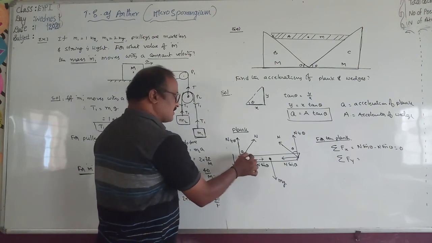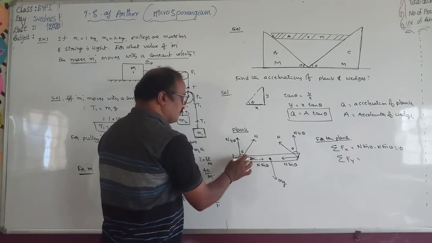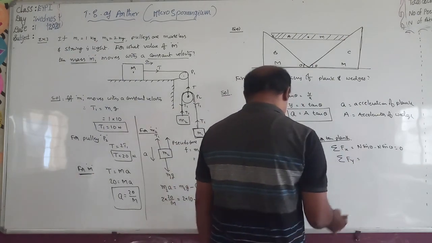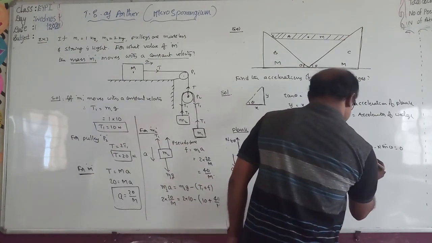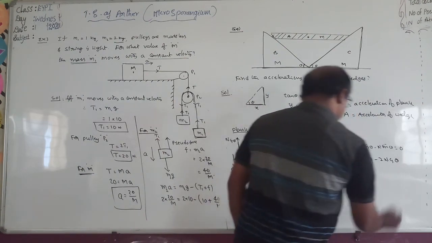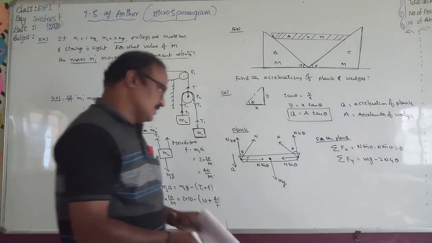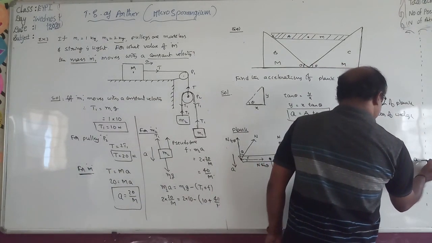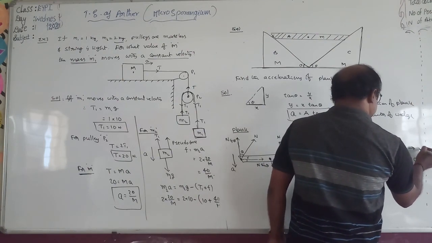The plank is moving downwards with an acceleration a. Therefore, sigma Fy is equal to mg minus 2N cos theta, and mg minus 2N cos theta is also equal to m into a. This is equation 1.